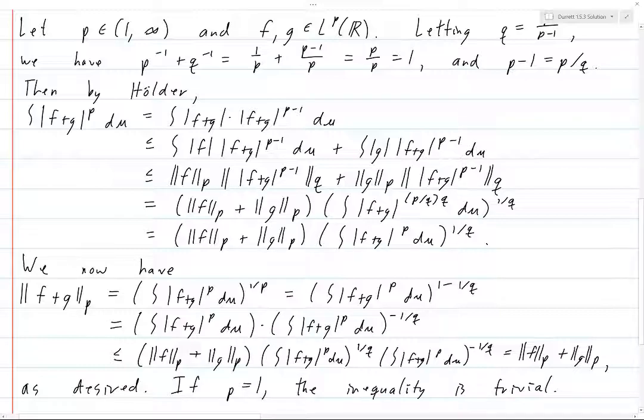Also, if you look at this, I don't think it's really necessary to say anything, oh! Yeah. Wait. Yes. Okay, so that's interesting. I guess it is important to know that the integral of f plus g to the p is finite. Because otherwise you can't take the negative 1 over q root of it.